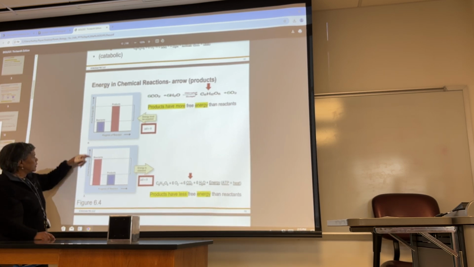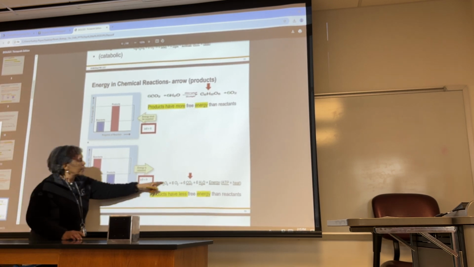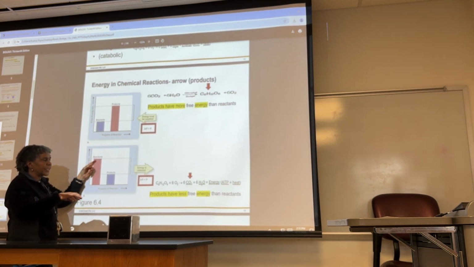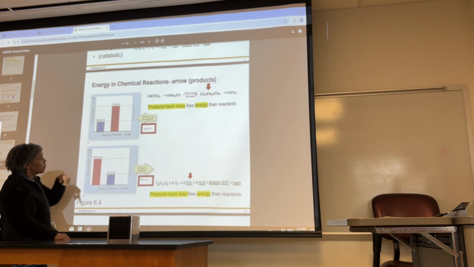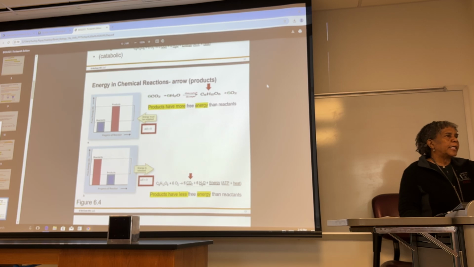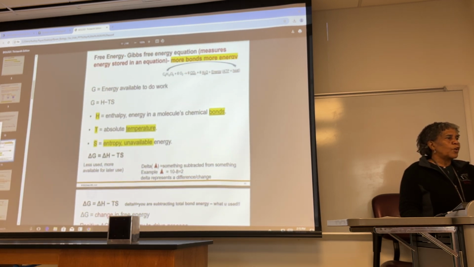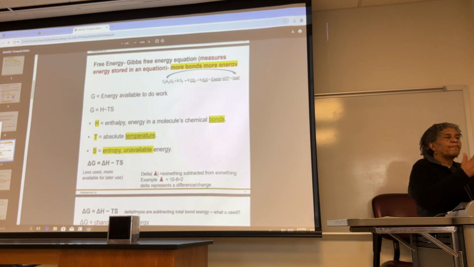And so this is the total amount of energy for that equation, for these reactants. I'm just going to use this as my Gibbs free energy. Let me back up for a second. The Gibbs free energy equation gives us a way of determining how much free energy is available.